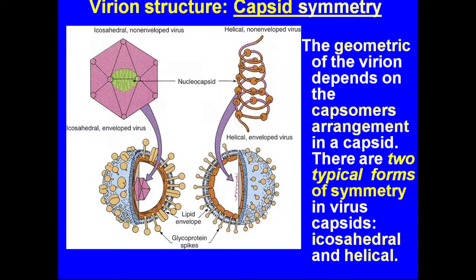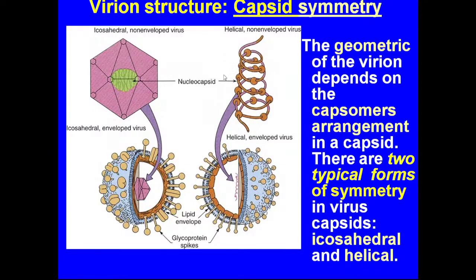So altogether, we may have four different structural types of virus: non-enveloped icosahedral, and enveloped icosahedral, because this is a type of the capsid symmetry inside the enveloped viruses.